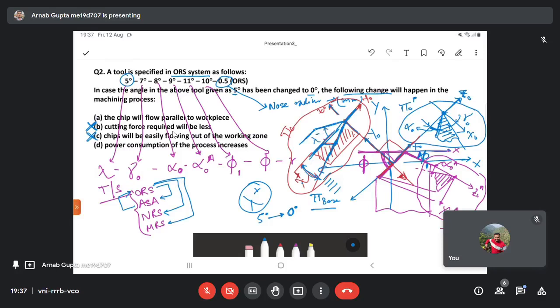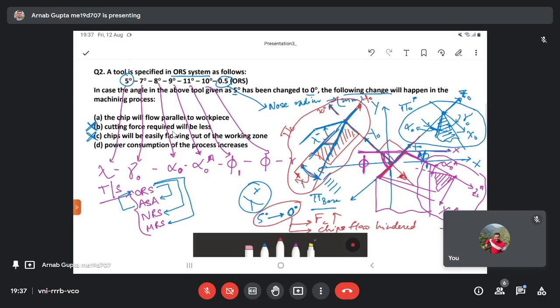Downwards, it is positive rake. So what you are doing is reducing from 5 degrees to 0 degrees. So your cutting forces will increase. The chip flow will be hindered, as in they won't be able to flow out as smoothly as it would have been in case of a higher value of positive rake angle.